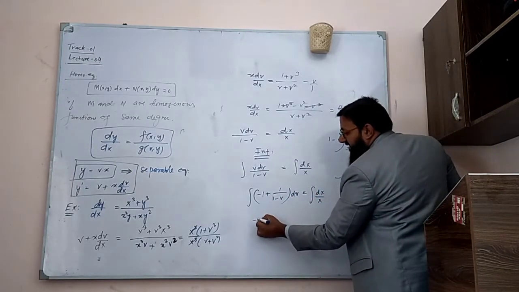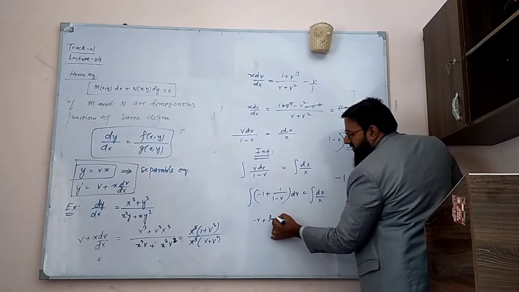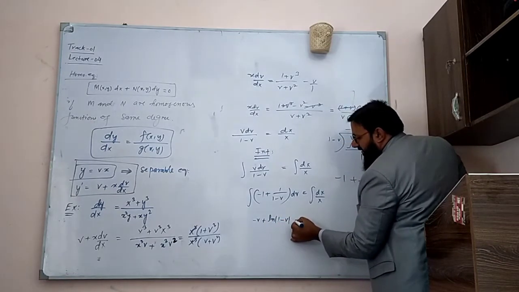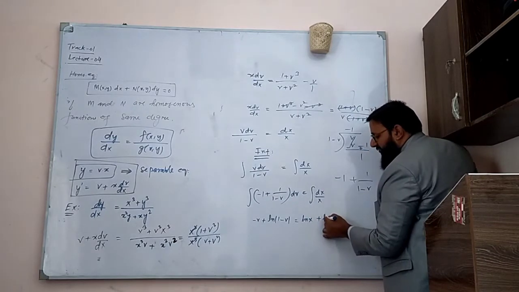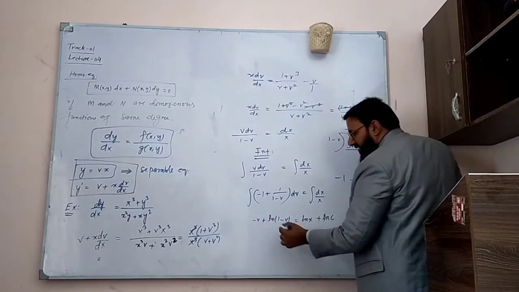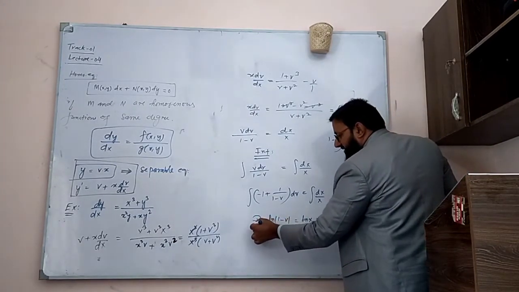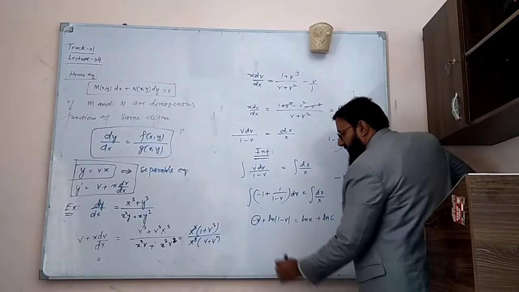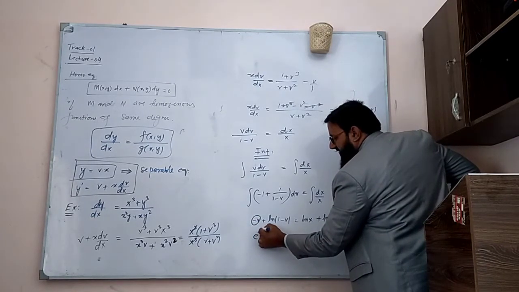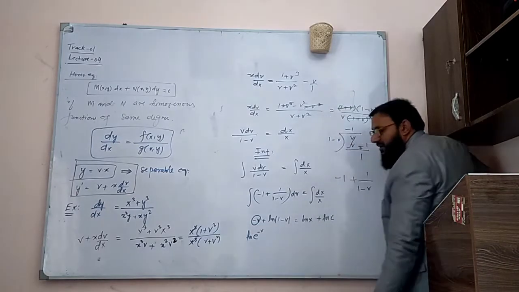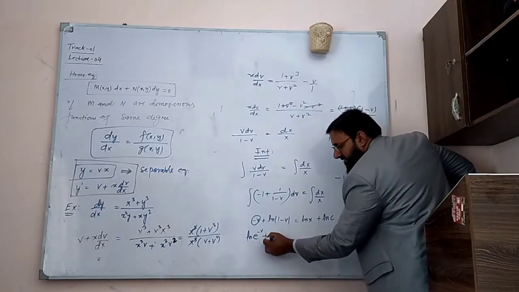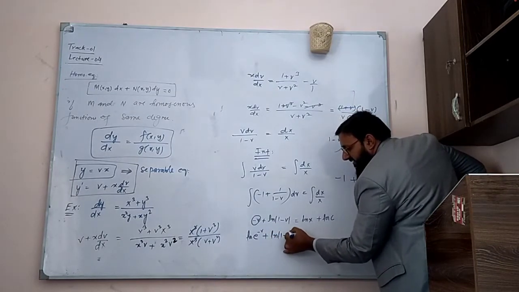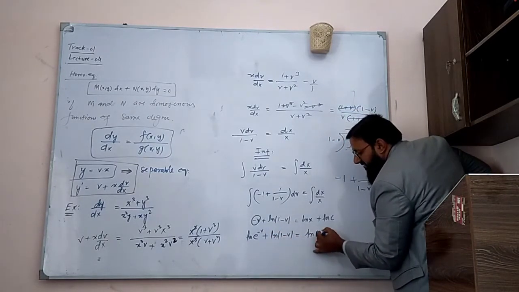So this is minus v plus log of 1 minus v equals log x plus c, and you can introduce a constant to be log c. Then you can write this as log e raised to minus v plus log 1 minus v equals log cx.